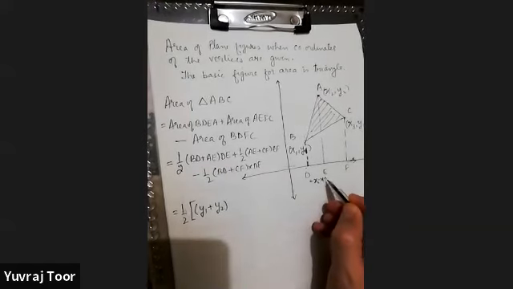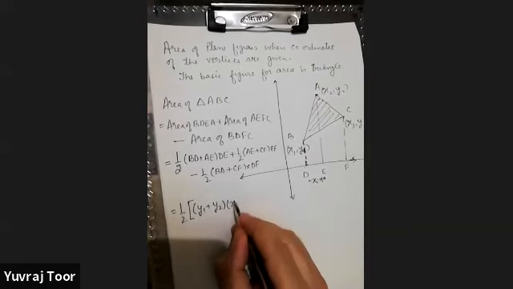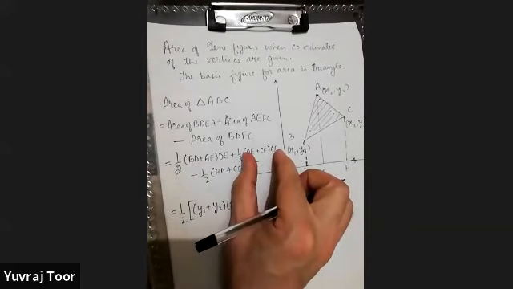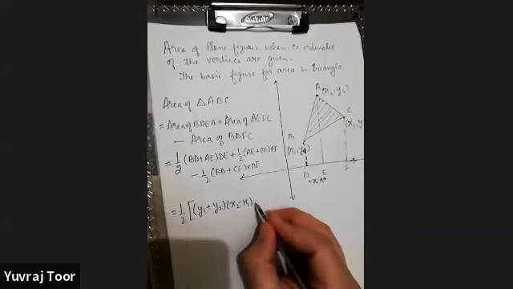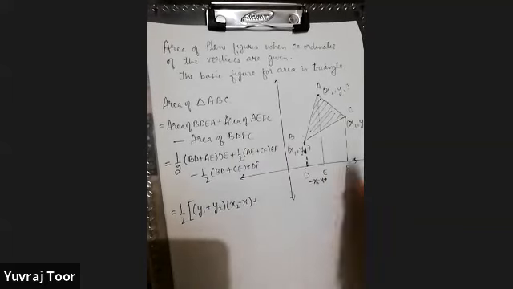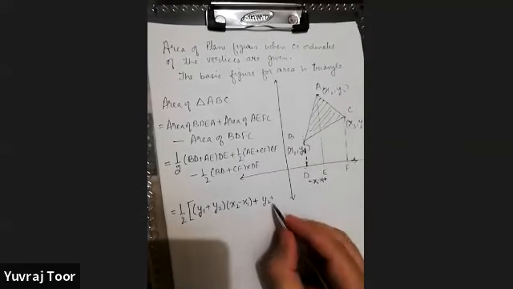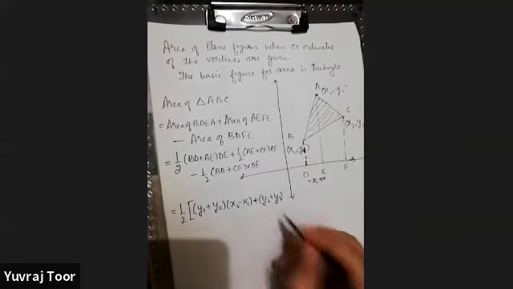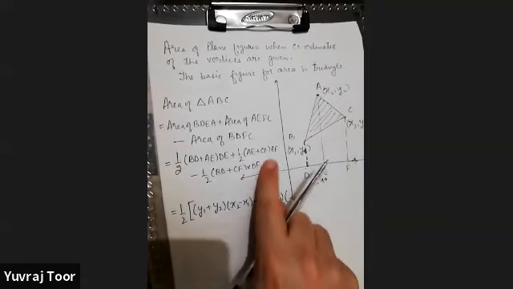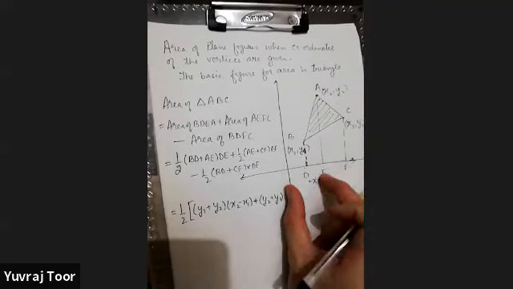This we have understood while we were discussing the distance formula. Now it comes for AEFC. What is AE? AE is again y2, CF is y3. This is multiplied with EF. What is EF? It is x3 minus x2.